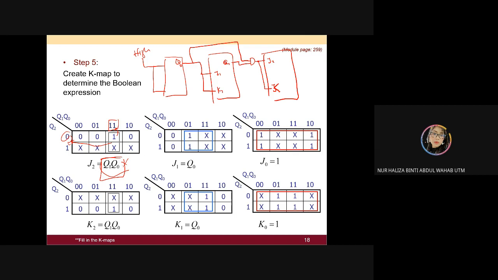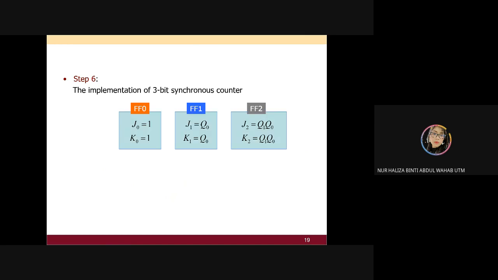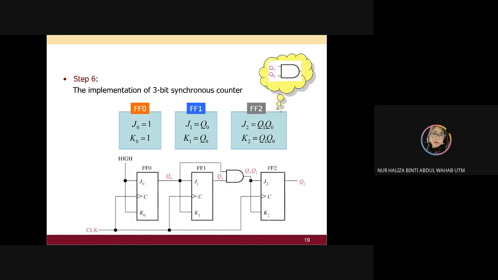I guess like that because this one is N, if you still remember, Q0 and Q1. So this is my input for my J1, K1 and my J2 and K2. So let's take a look at the answer here. This is the part that I mentioned just now.